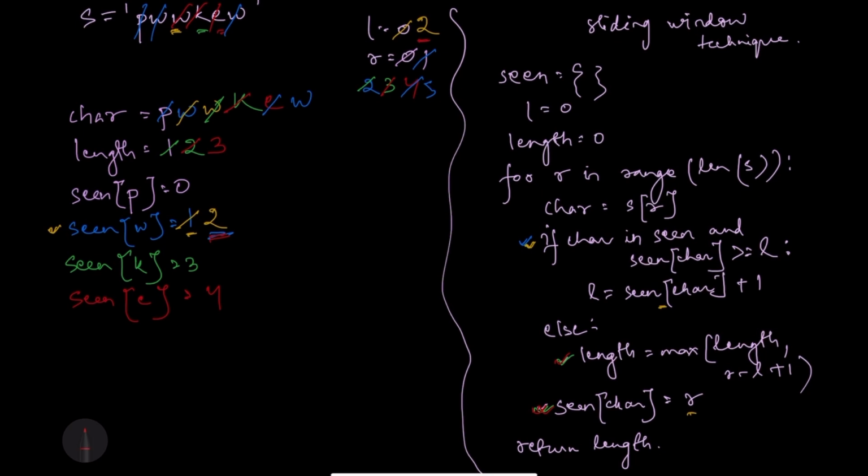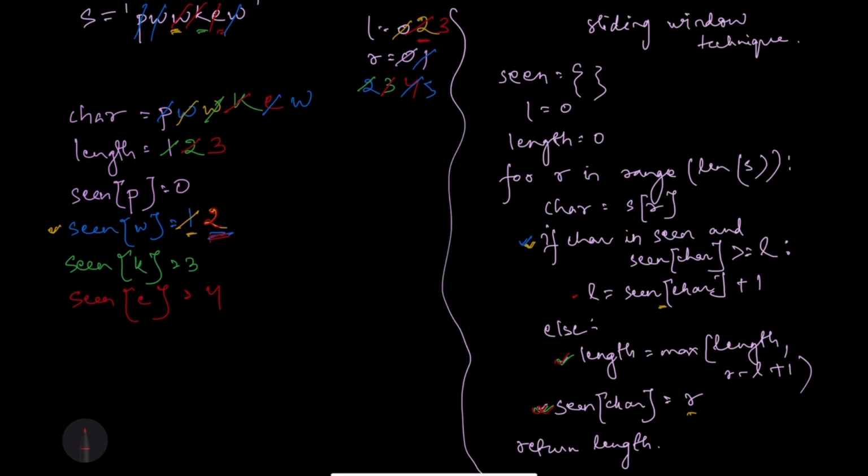So we will enter this condition, and in this condition what we will do is we will update our L. So now our L would be this 2 plus 1. So it would be 3. We would be updating our left index.